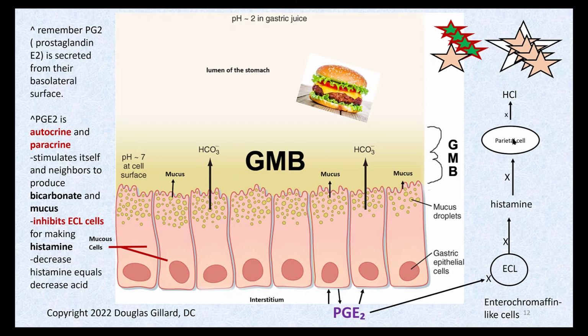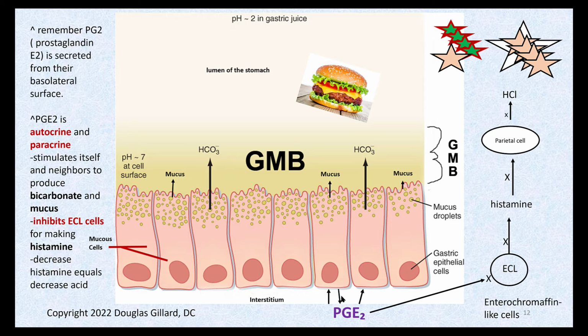And parietal cells, of course, are what make hydrochloric acid. They make hydrogen ion and chloride. And they also make pepsinogen as well. Well, no, they don't. The pepsinogen is made by the chief cells, not the parietal cells. All right, so that's the story there.